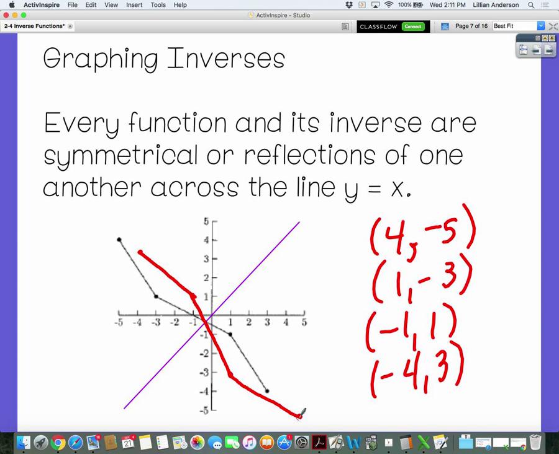If I were to fold at that purple line, that hopefully you might have drawn on your paper as well, so you can have that visual, you will see that this part of the curve is right there. This part is a reflection over the line for that half, and vice versa. There you go. That's what it should look like, okay? Now when you fold it, it should lay on top of each other.